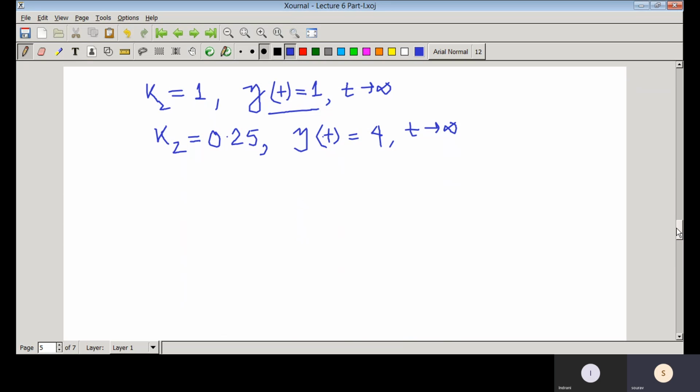Now we will be discussing the inverse Laplace transform. You have studied it before.